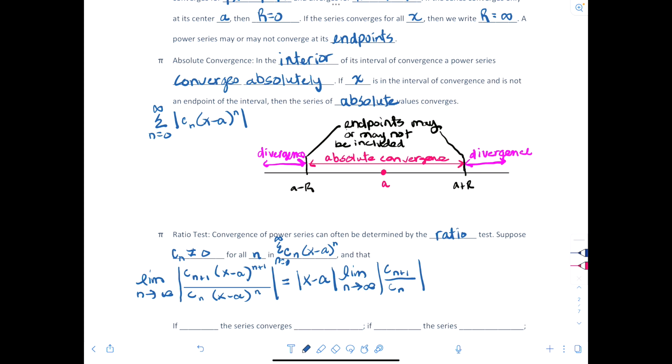And if that is equal to some L, if L is less than 1, this series converges absolutely.